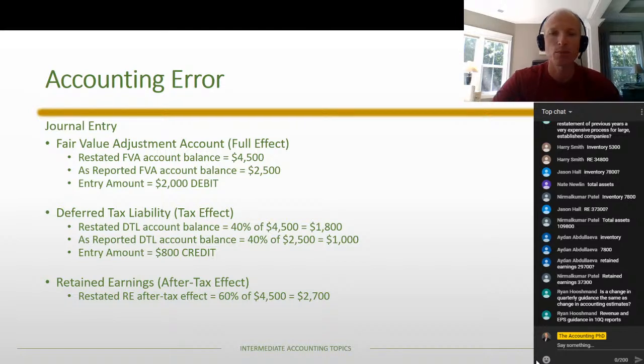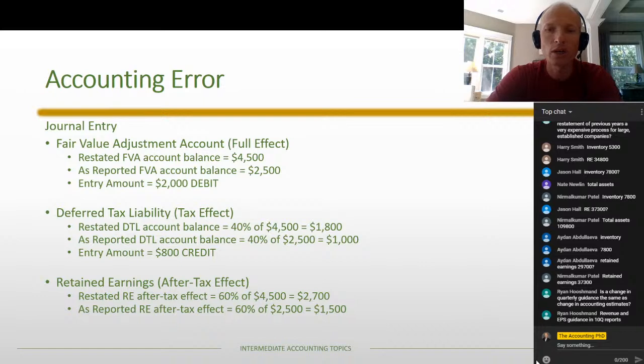And so the 60% applied to $4,500 gives us $2,700. And of course, the after-tax impact on retained earnings that they had reported was $1,500, which means that the entry amount for the retained earnings account should be $1,200.